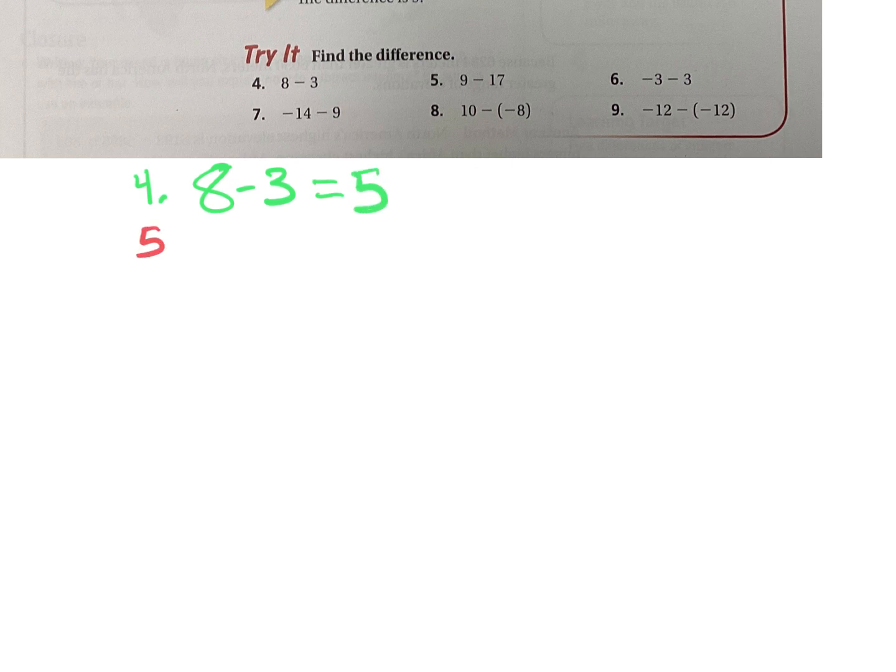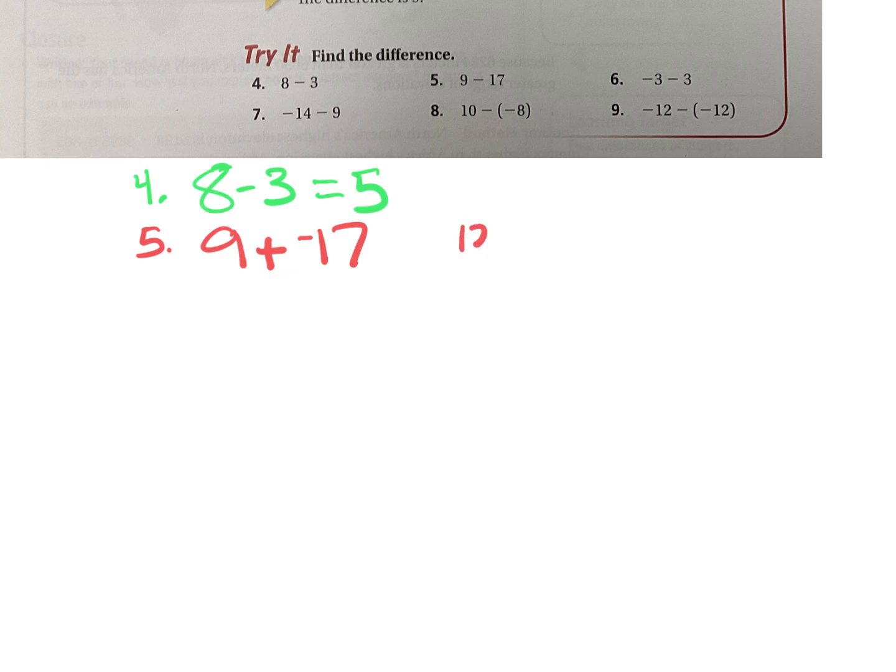Now let's do number 5. We have 9 minus 17. Here's where I'm going to change that from subtraction to adding, and I'm going to change the 17 to its opposite, which is now a negative 17. So since I have two different signs, a positive and a negative that I'm adding, I take their absolute value.